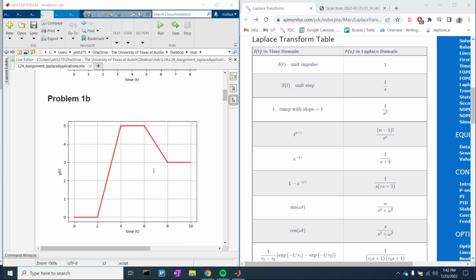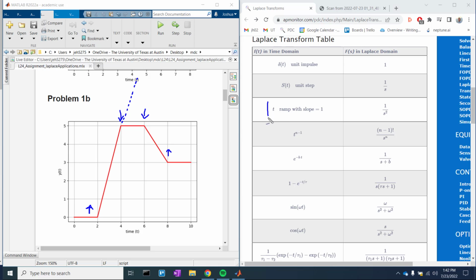Let's look at B. With this one we have a ramp now, and so we're going to ramp up here, we're going to ramp down, we're going to ramp down, and we're going to ramp up. The whole thought here is that this would actually go on for infinity unless we canceled out the ramp up here with an equal ramp down.